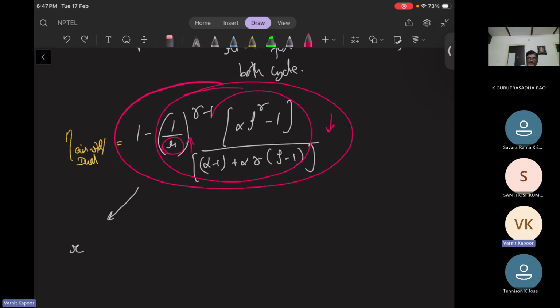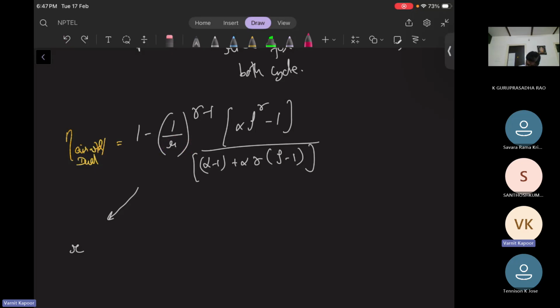So with the increase in r, our efficiency also increases. Now, the other term is gamma, which is nothing but Cp over Cv.